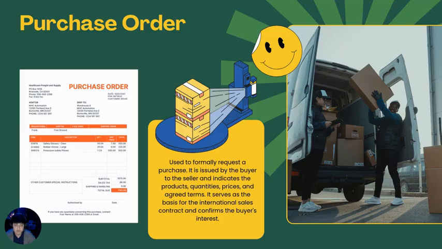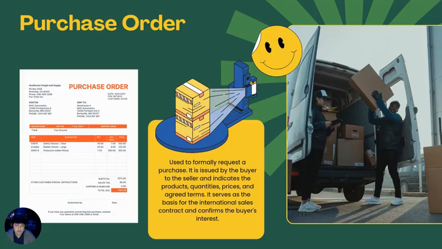A purchase order is a document issued by the buyer to the seller to formally request goods or services. In international trade, it plays a key role because it initiates the commercial transaction and clearly states all the agreed terms, for example, product descriptions, quantities, price, delivery dates, shipping conditions, and payment methods.